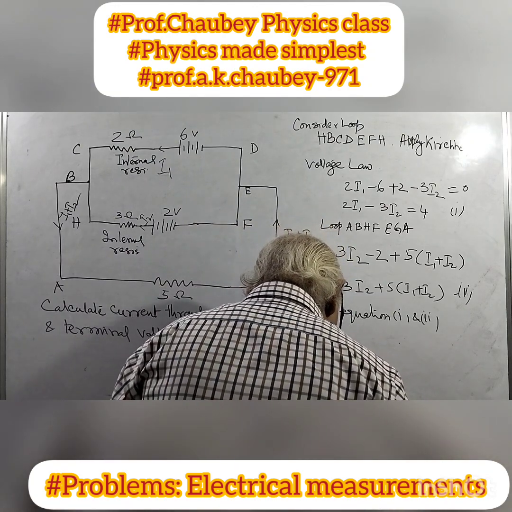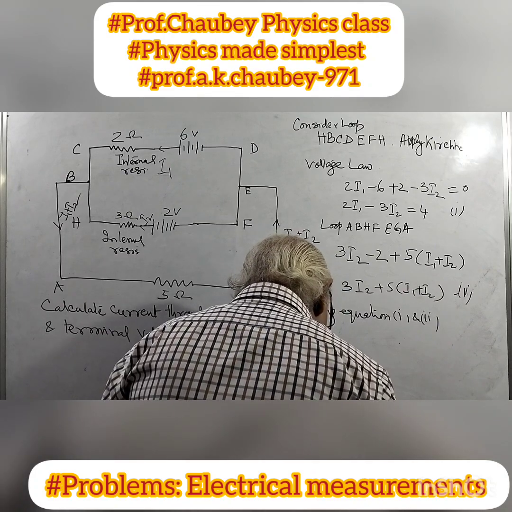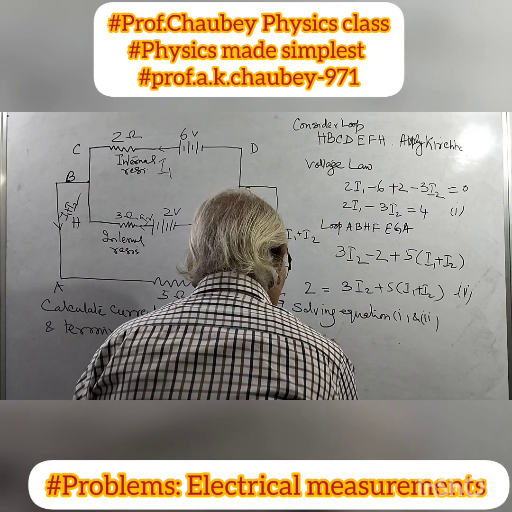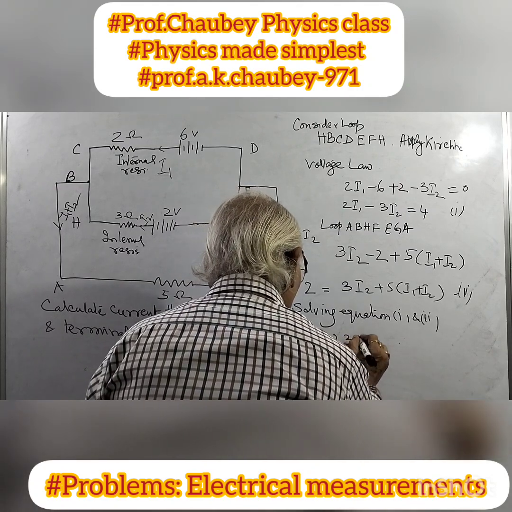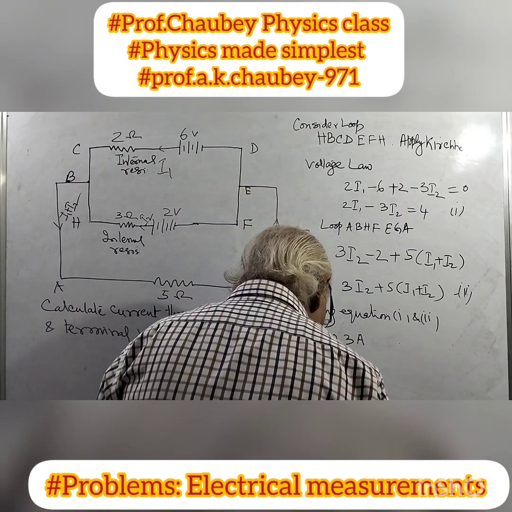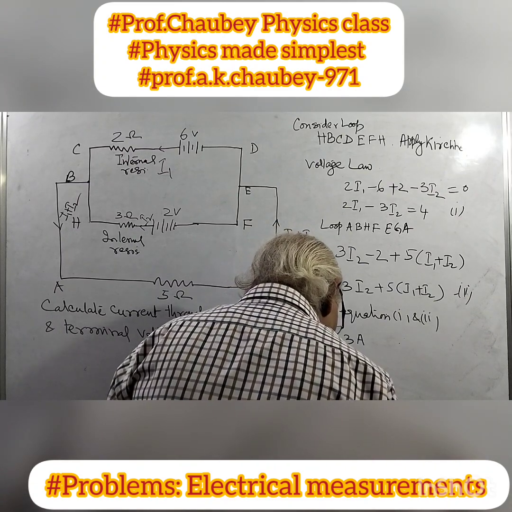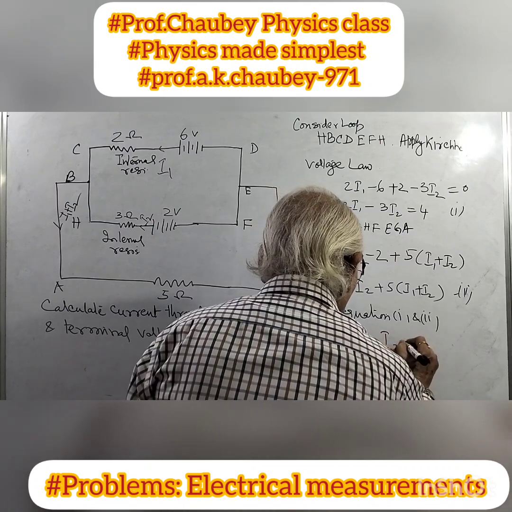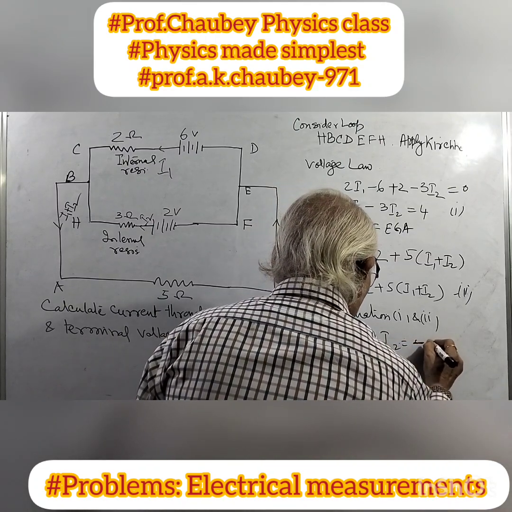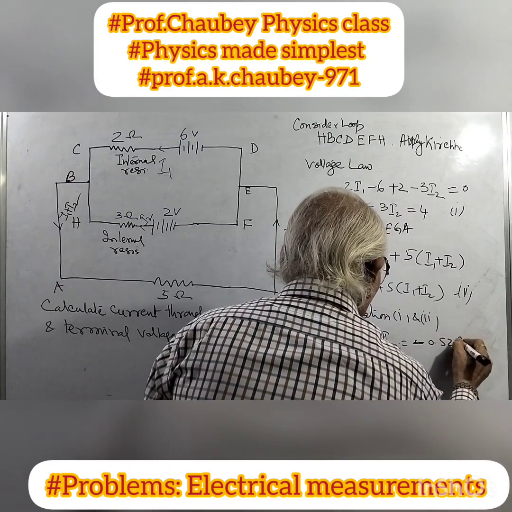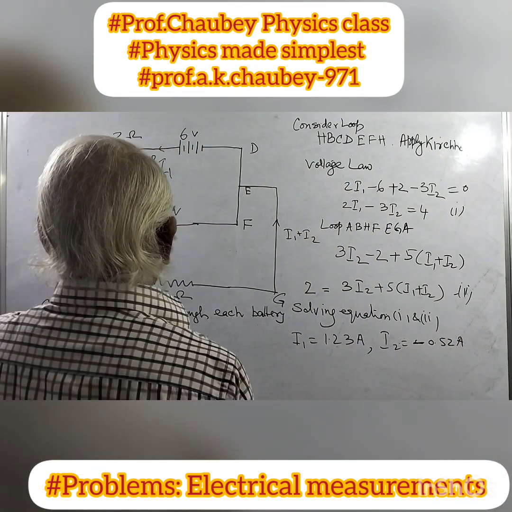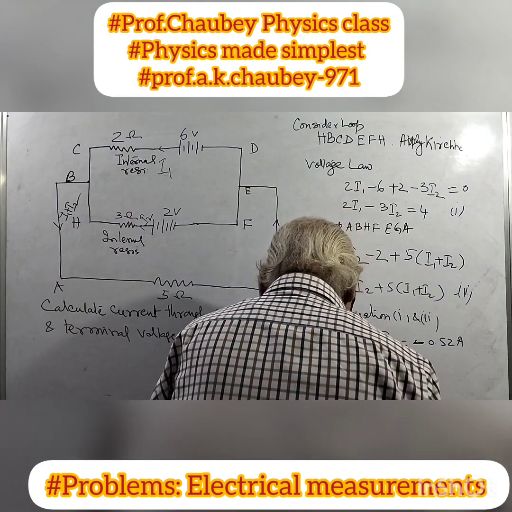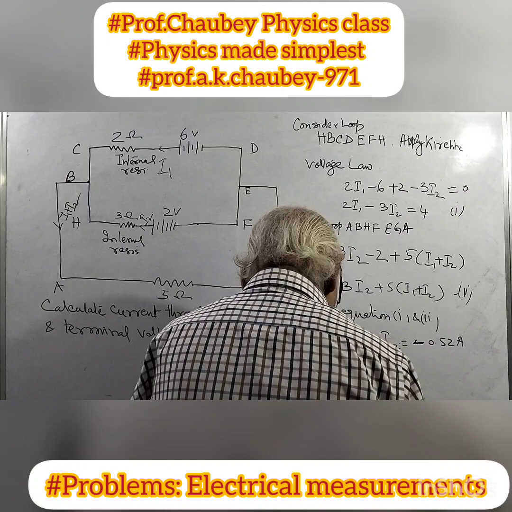I1 is 1.23 ampere, and I2 is minus 0.52 ampere, which means the direction of I2 is opposite to what was assumed. So this gives the currents.